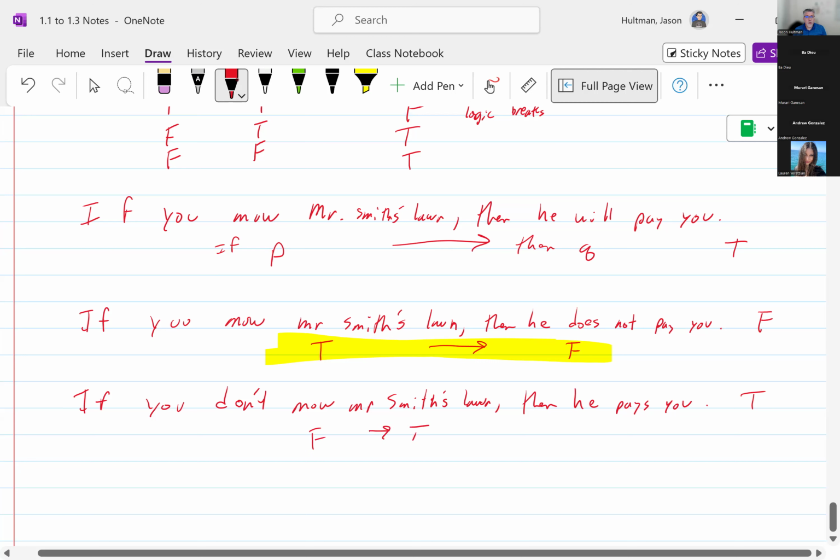Okay, sure. The hypothesis is creating the base for which your logic is dependent, and then out of that is birthed the conclusion.